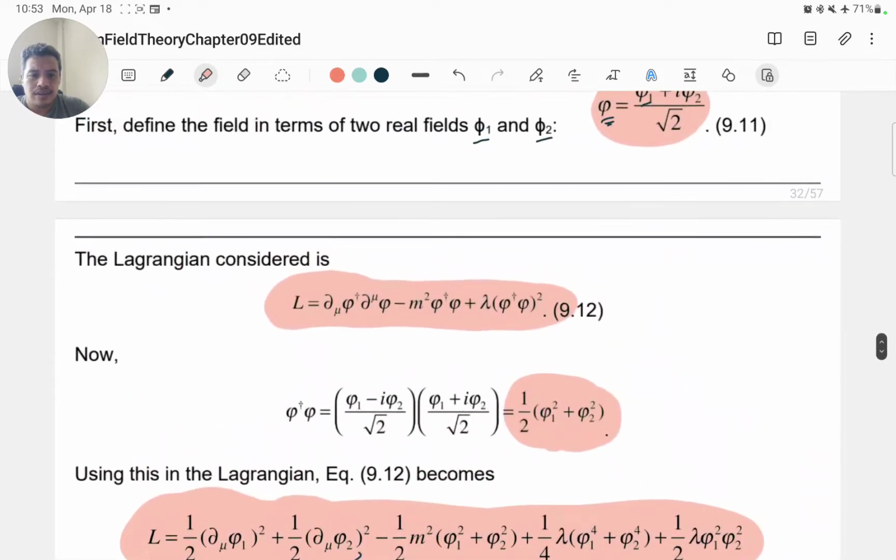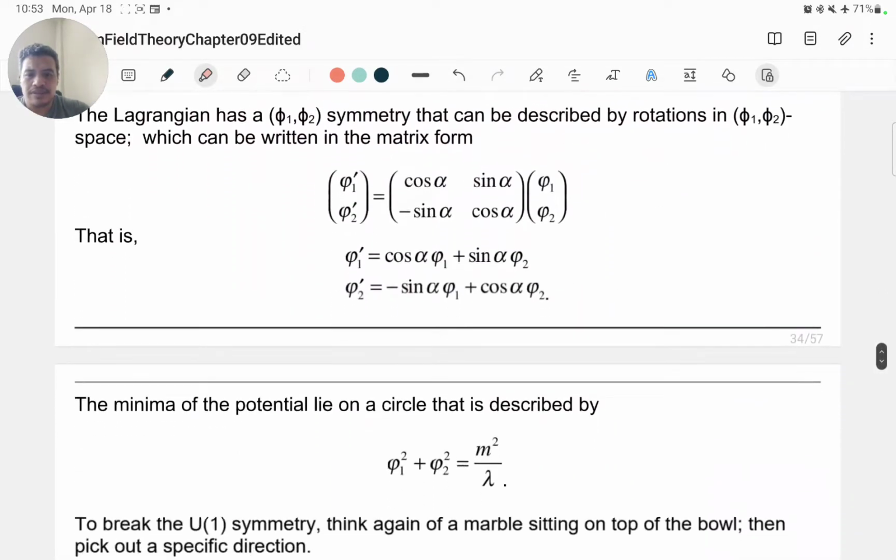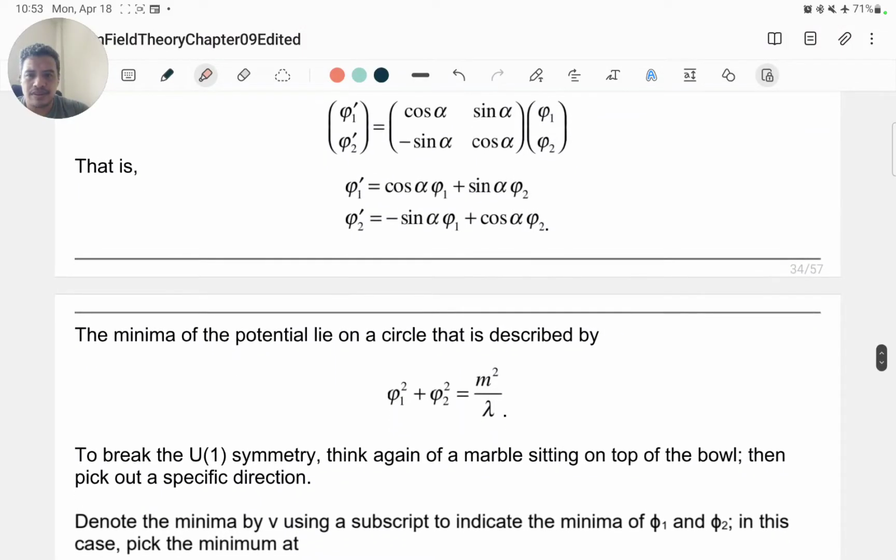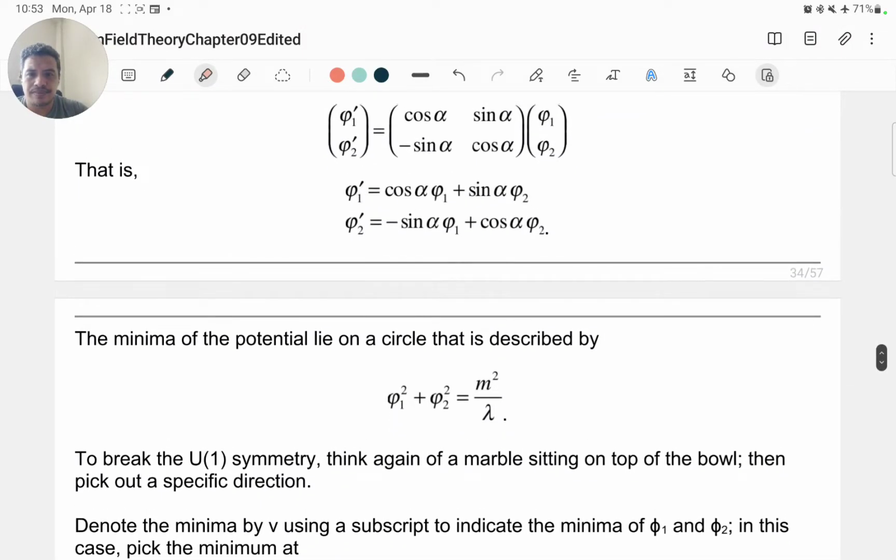So you can write your phi 1 prime as cosine alpha phi 1 plus sine alpha phi 2, and phi 2 prime as negative sine alpha phi 1 plus cosine alpha phi 2.